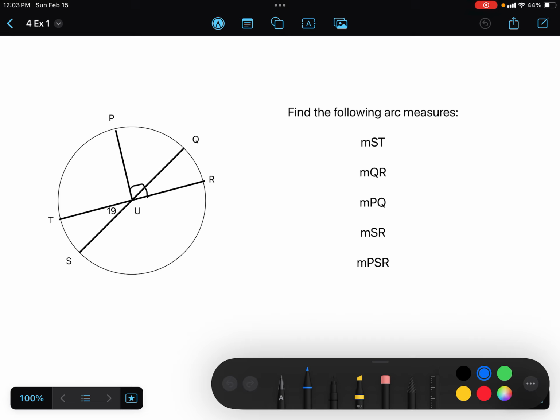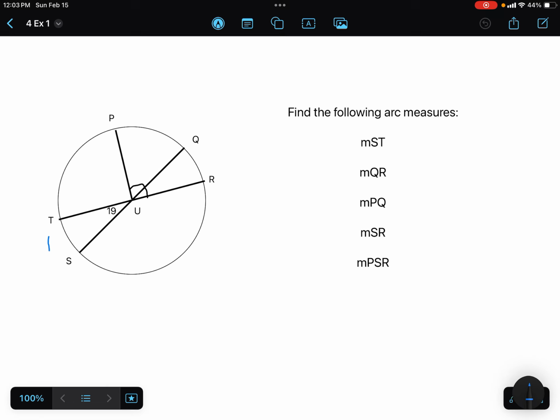So one thing we know is that since we have a 19-degree central angle, its arc is also 19 degrees. So I'm going to mark that as such. We also have vertical angles right here and right here. Vertical angles are congruent, so this angle QUR is also 19 degrees, as is arc QR out here.